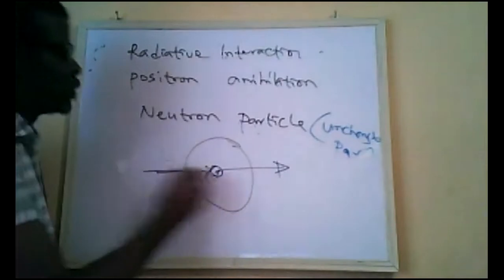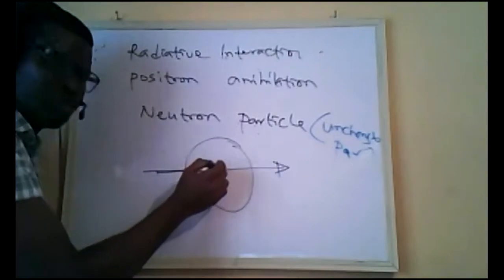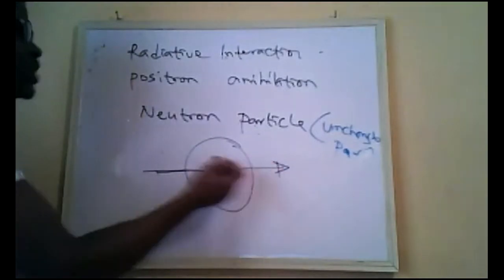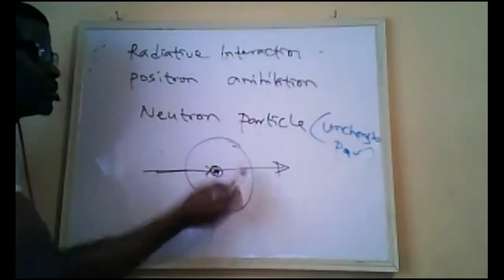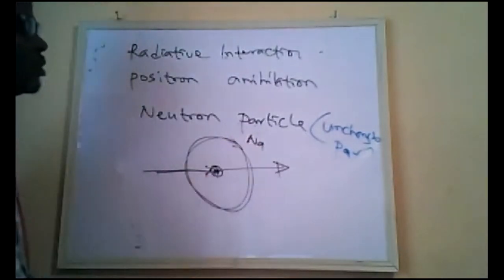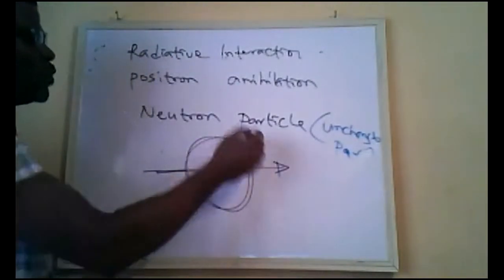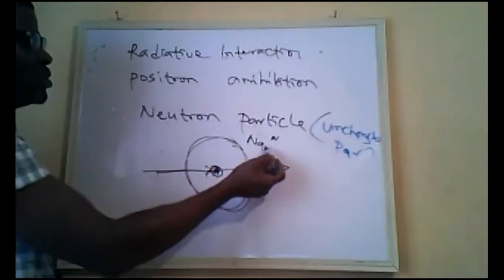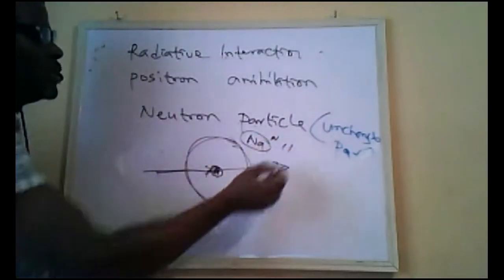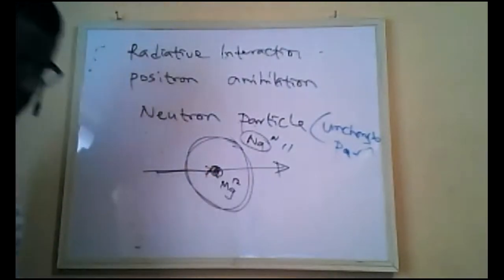It can also change a proton into a neutron, or a neutron into another proton. When that happens, this atom is no longer what it is. Assuming we have sodium, element 11, and one neutron is converted into a proton, it becomes magnesium, element 12.